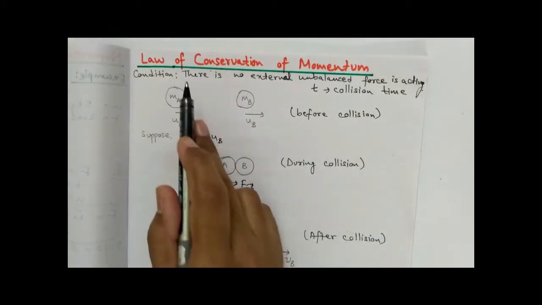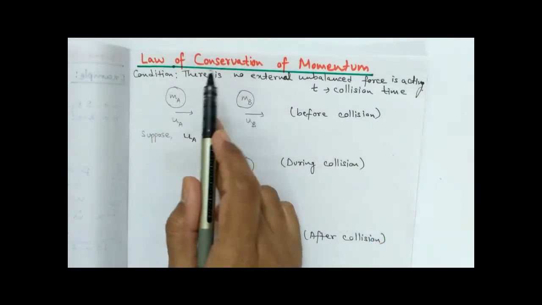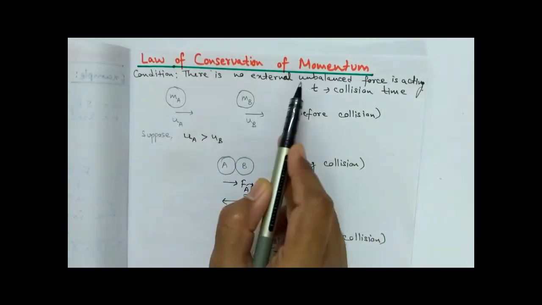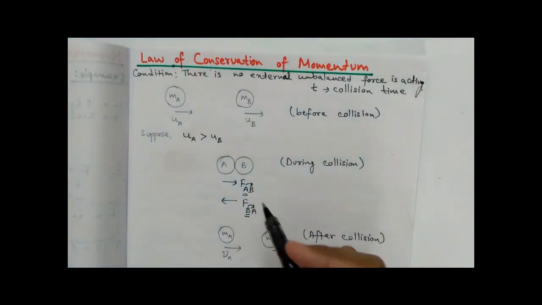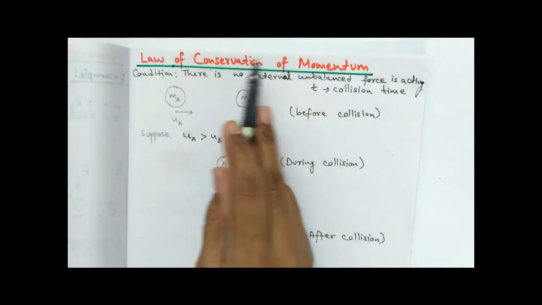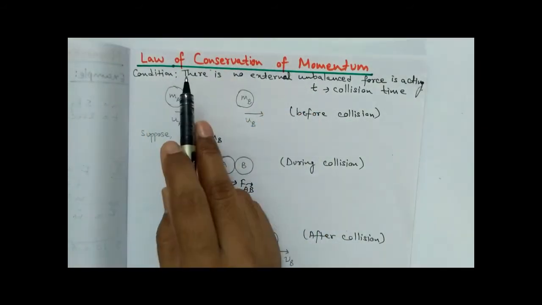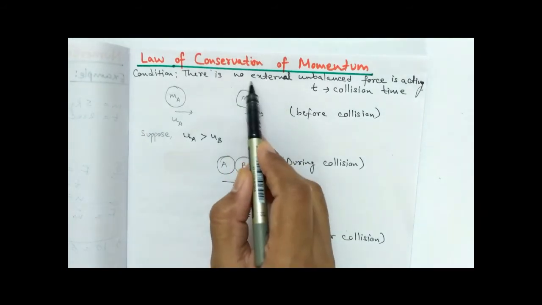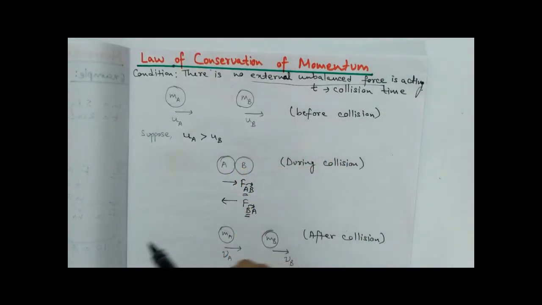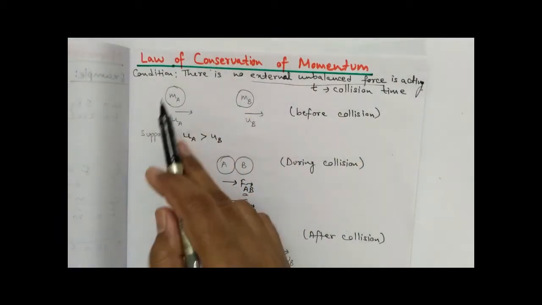The condition for this experiment is what? That there is no external unbalanced force acting. So for discussing the law of conservation of momentum, the condition is that there should not be any external unbalanced force applied or acting on this collision.